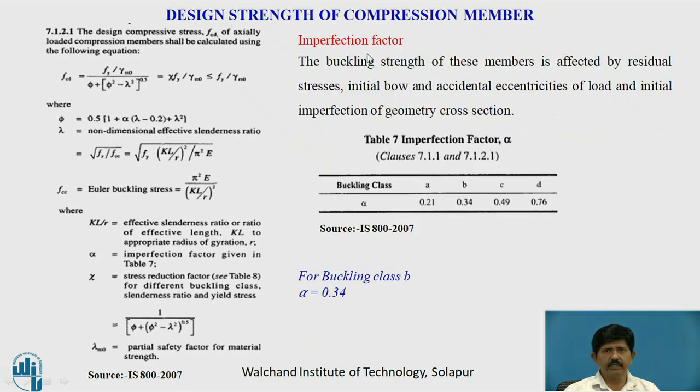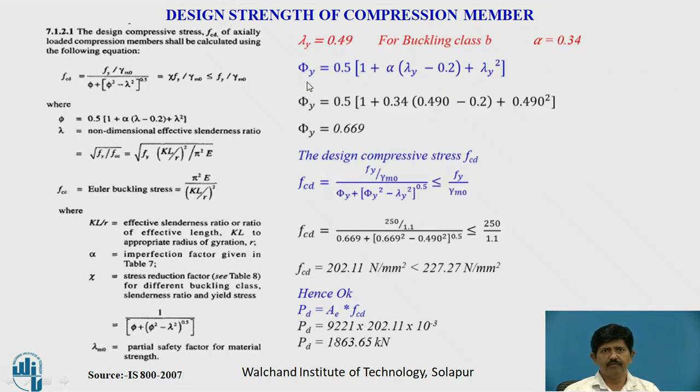Now to calculate the imperfection factor, it is given in Table 7 of IS 800-2007. It depends upon the buckling class. As our buckling class is B, the imperfection factor for our case is 0.34. Therefore, the alpha value is 0.34. Again we have to calculate phi y.